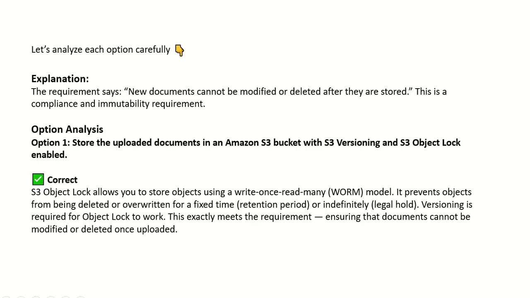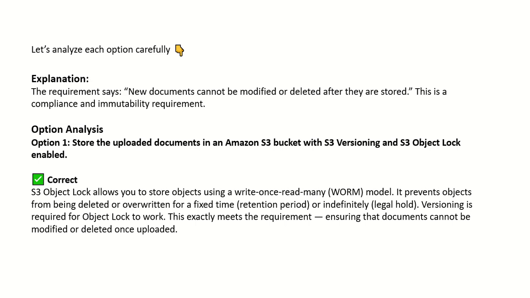Okay, so why is it correct? See, S3 Object Lock allows you to store objects using the write once read many, that is WORM model. It prevents objects from being deleted or overwritten for a fixed time, that is until the retention period, or indefinitely if we put a legal hold on that. If you put a legal hold, it cannot be overwritten or deleted indefinitely.